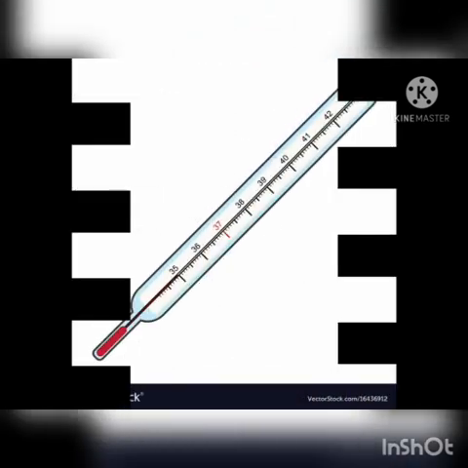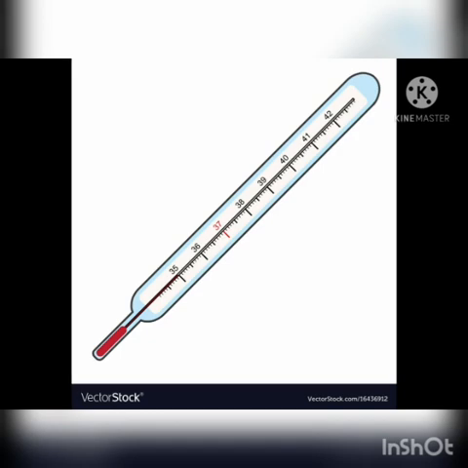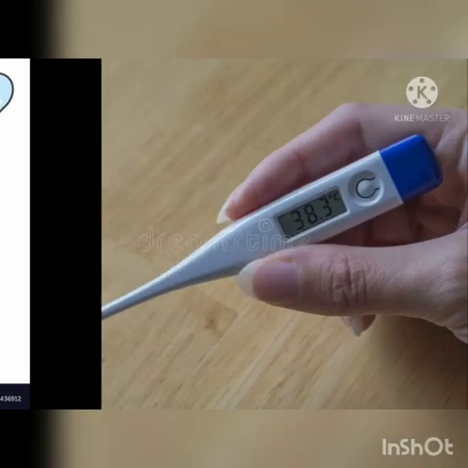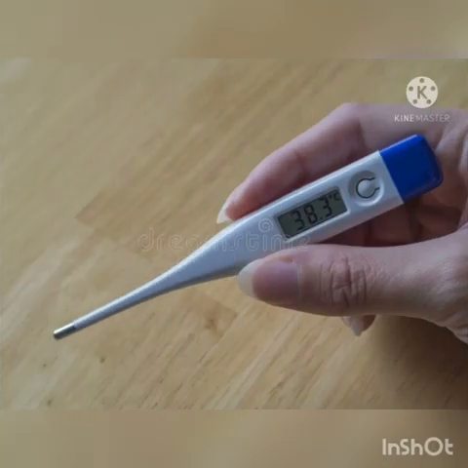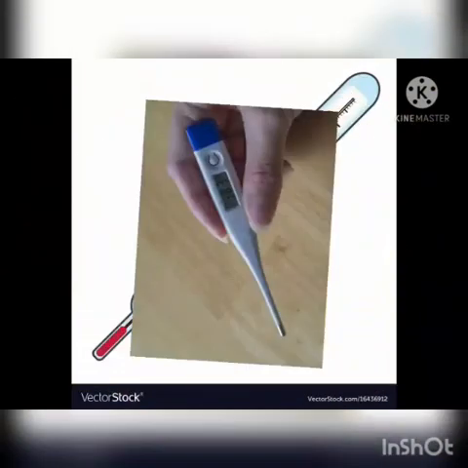If you look at a clinical thermometer more clearly, you will see a long, narrow, uniform glass tube running through the center of the thermometer. You can see it here, the yellow one.